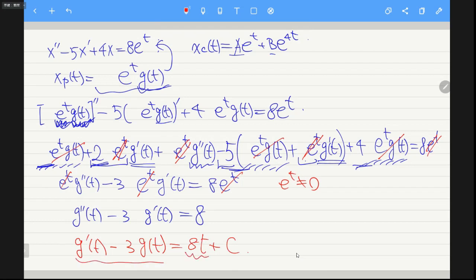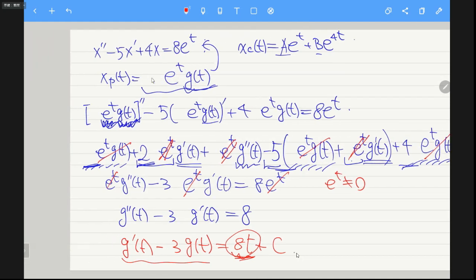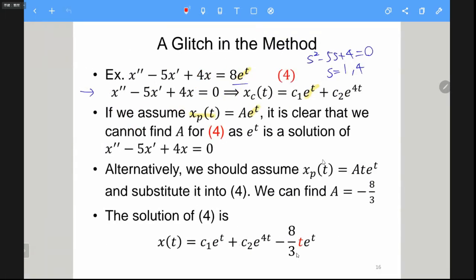So you can see there will be something like this one here. Maybe I got stuck here, but if you calculate correctly, then you will get G of T to be a linear function, and then you will find that you need to multiply it by T here.